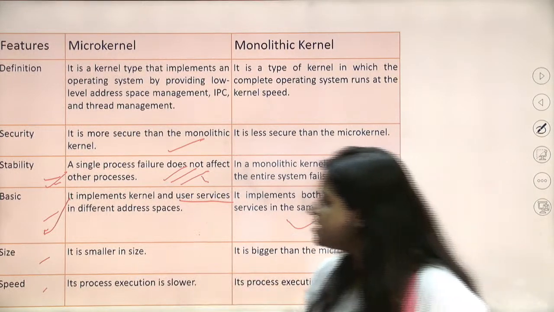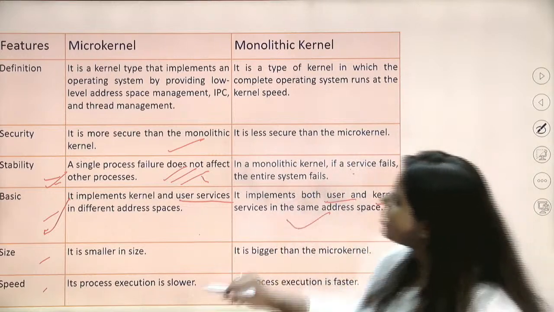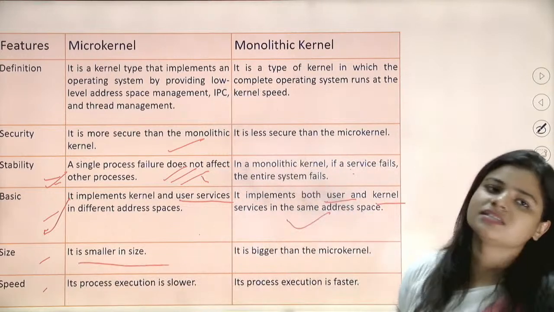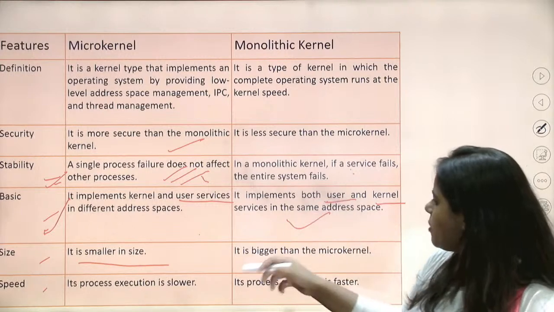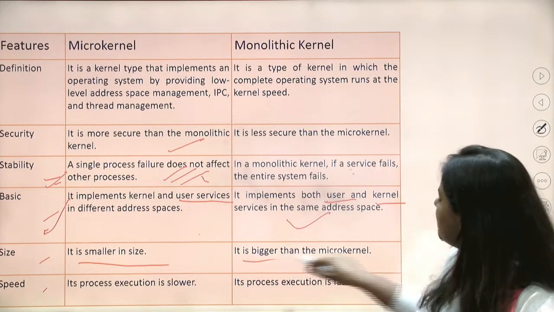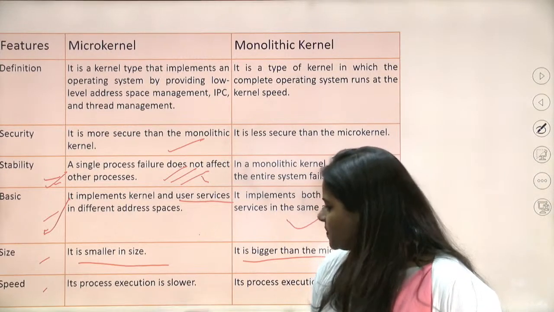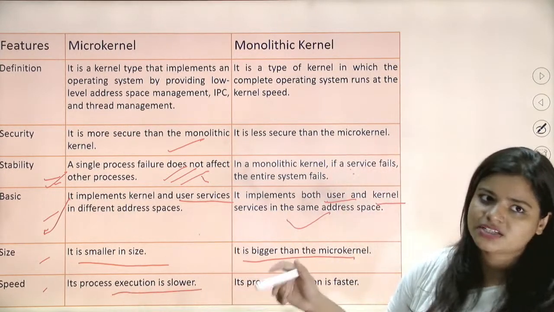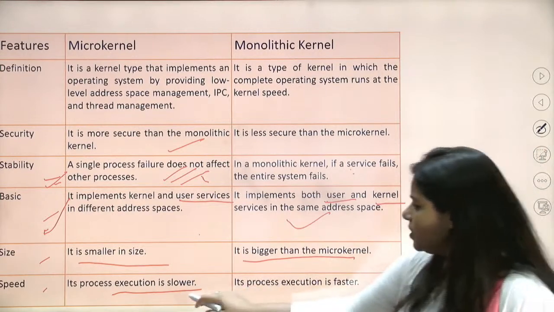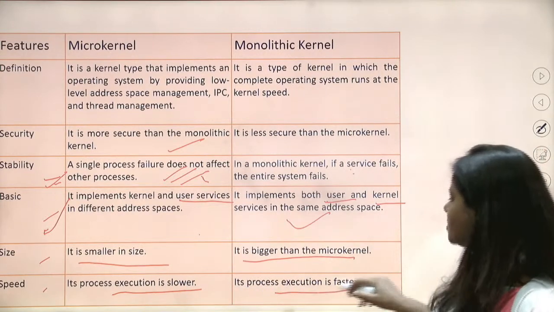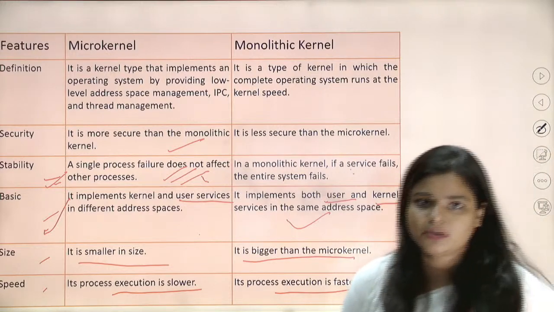Last we have size and speed. The size of a microkernel is smaller, as you can see from the name, and the size of a monolithic kernel is bigger than the microkernel. And last is speed. The microkernel's speed is slower because it has a smaller size and fewer components, while the monolithic kernel is faster because it has more components to deal with the process.